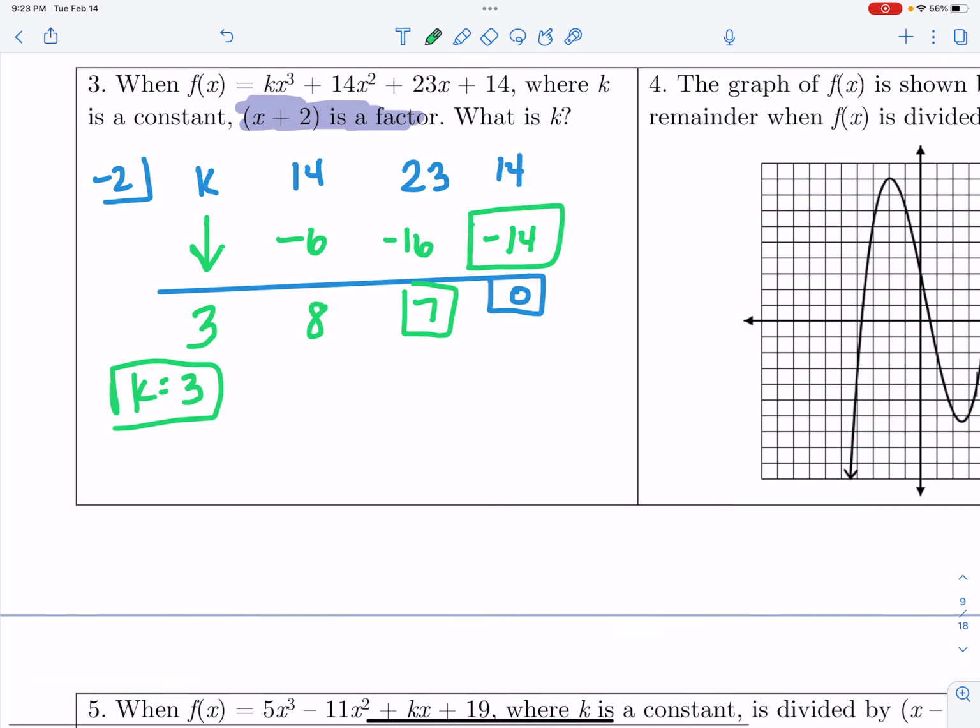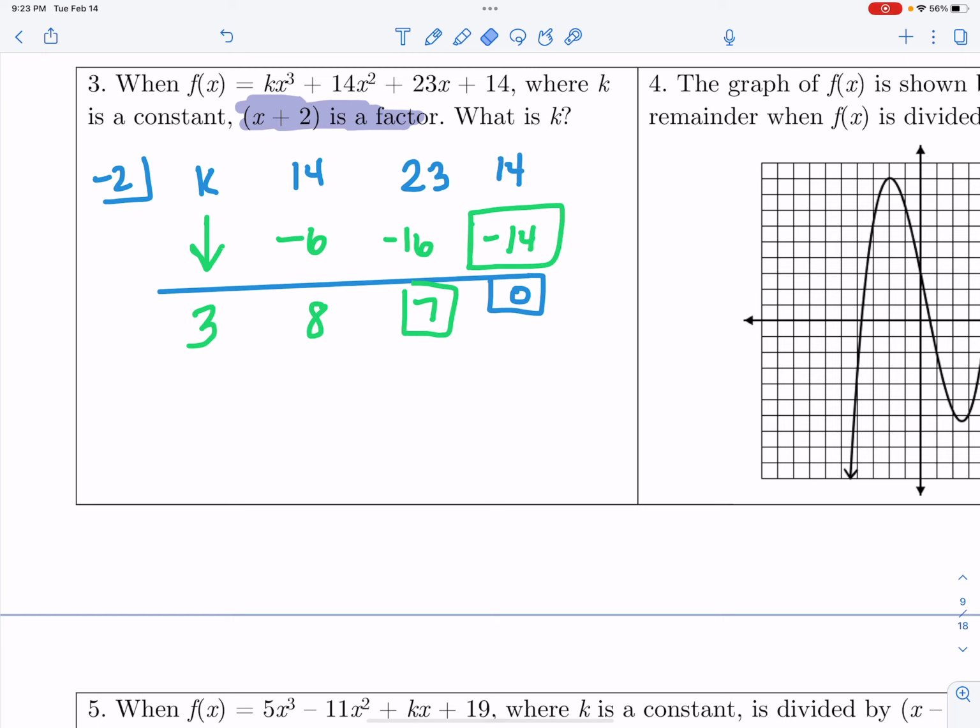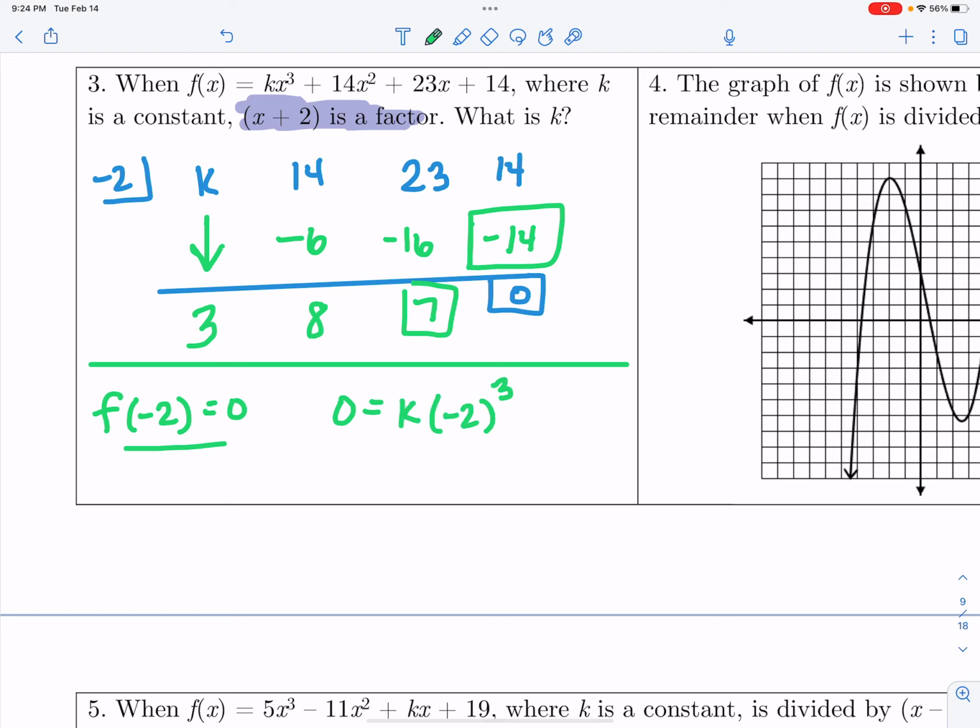I'm going to show you the other way where we use the factor theorem and the remainder theorem, meaning that I want to find out what f of negative 2 is, which is 0. Same thing here. So I'm going to substitute in negative 2 for x, and then evaluate.